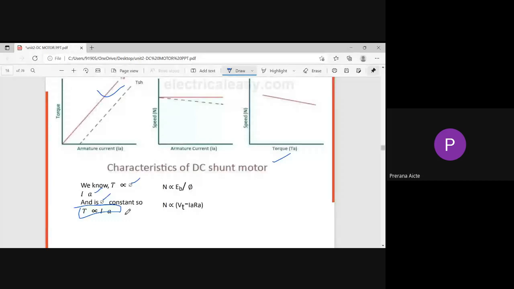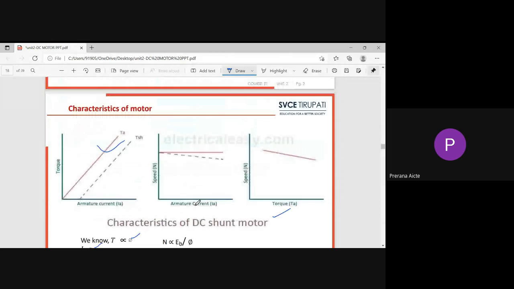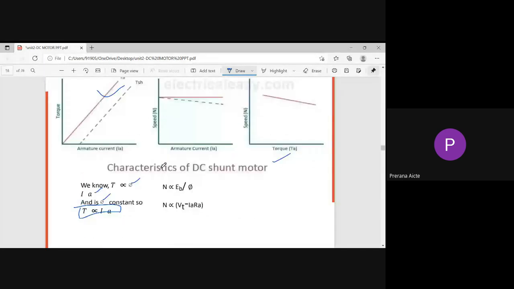Now coming to armature current versus speed characteristics. We know that N is directly proportional to Eb by phi. Here the flux is constant, so N is directly proportional to Eb. We know the basic equation Eb equals Vt minus Ia Ra, the back EMF developed in a DC shunt motor.